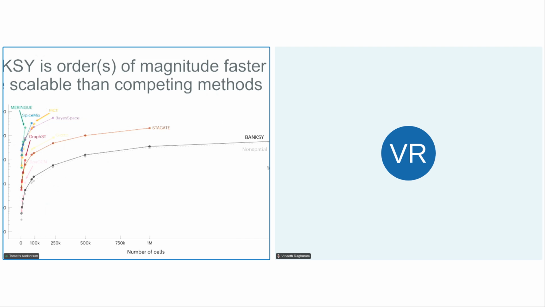Banksy is able to scale to 2 million or more because it's not doing anything crazy like HMRFs or deep learning. You're just appending a bunch of features. So in a very simple framework, you're incorporating spatial information, but still solving the same problem. So you can just leverage Leiden clustering or even k-means clustering if you wanted to, and go to a very large data set size.